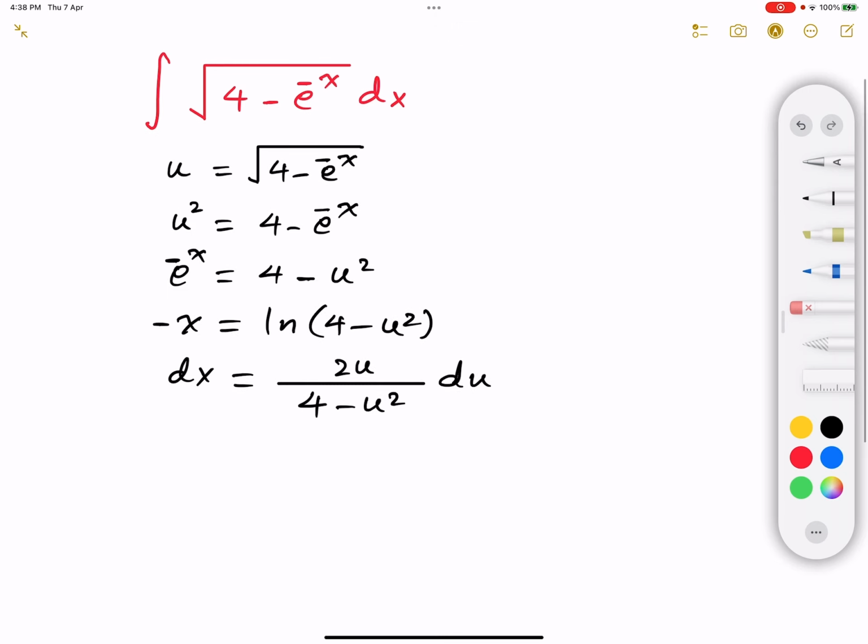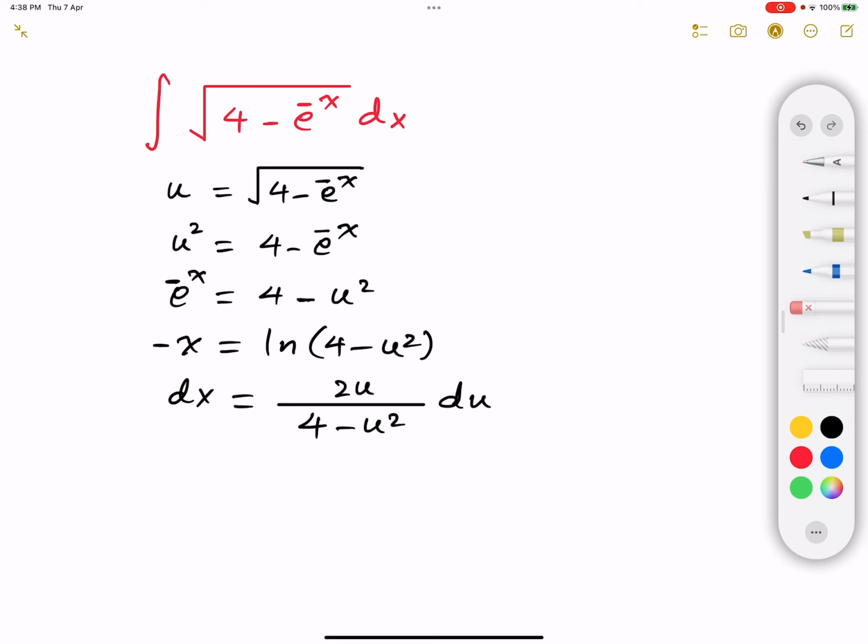So if we substitute this back instead of dx, and we have u instead of the square root, that would give us 2u squared divided by 4 minus u squared du.